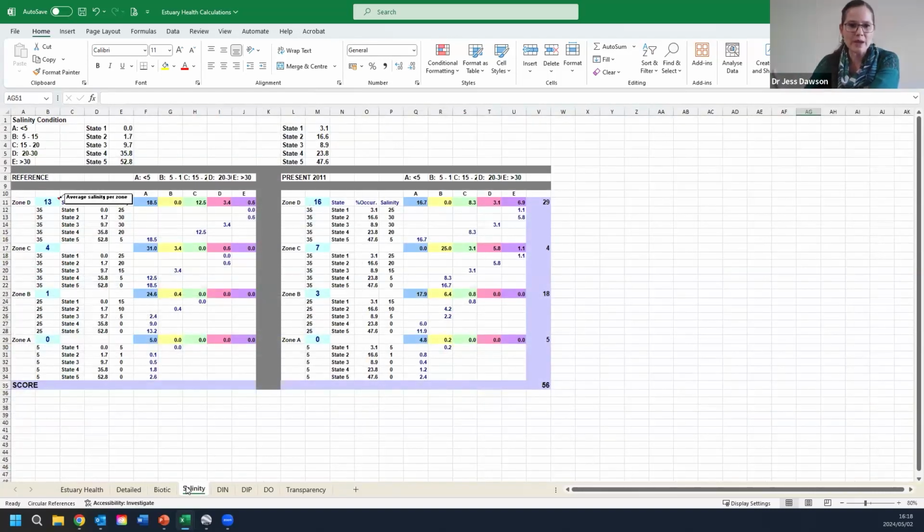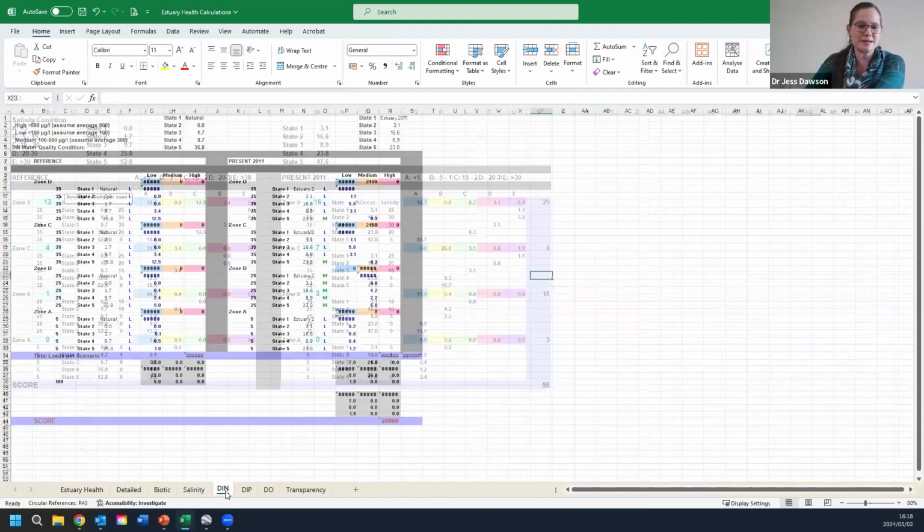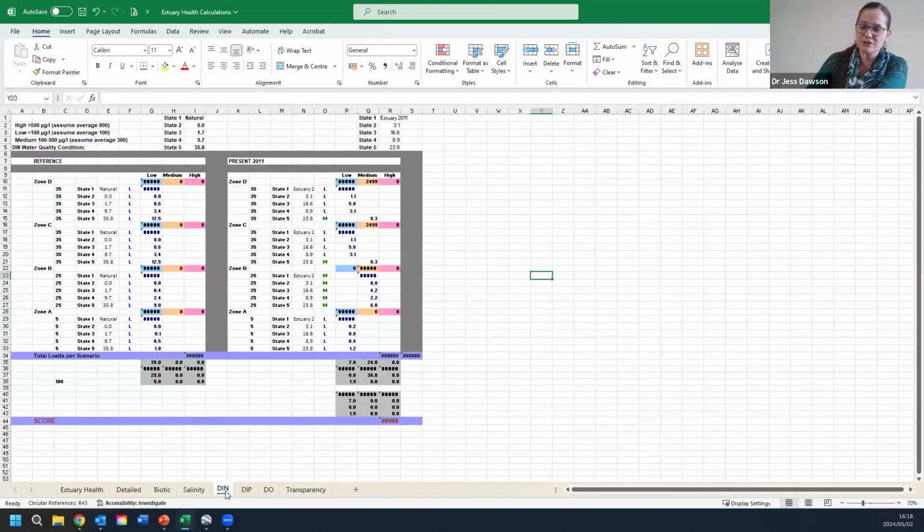Salinity has its own page. So does DIN, which is dissolved inorganic nitrogen, dissolved inorganic phosphate, dissolved oxygen, transparency. They all have lovely tables like this, which when we have enough data and can do a comprehensive assessment, means a lot of maths and fiddling with the numbers, and makes for a much more in-depth estuarine health assessment.